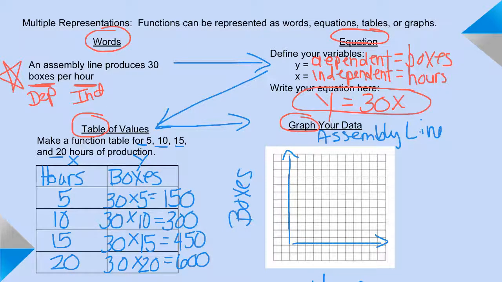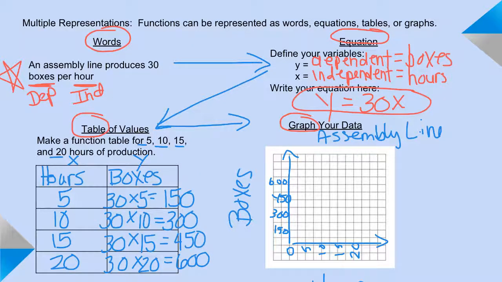All right, so our hours. We are going to start at 0 right here, and then go 5, 10, 15, 20. And then up the side, I'm going to count by 150s just because that's what my data looks like: 150, 300, 450, and 600.